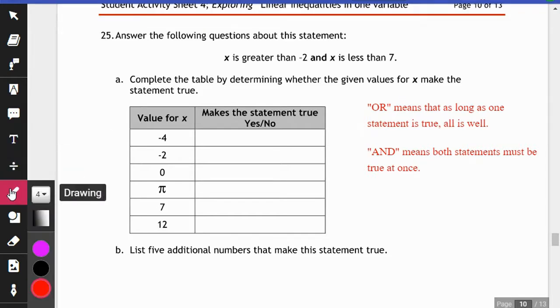So the first one had an or in the middle, and so I just had to find numbers that were less than one or bigger than the other. Here it says and, so I need to find something that's greater than this and less than 7 at the same time.